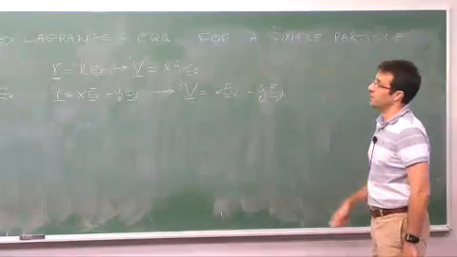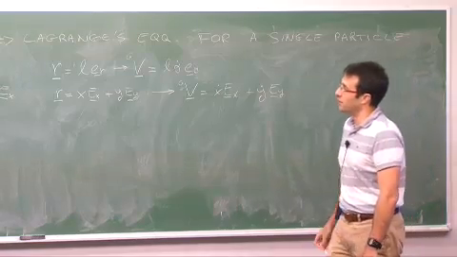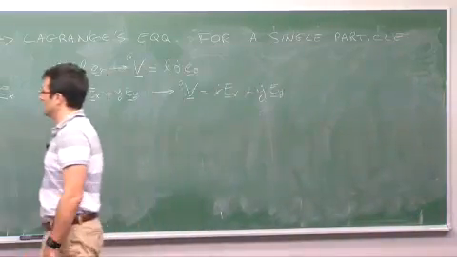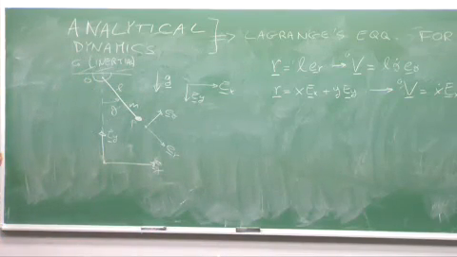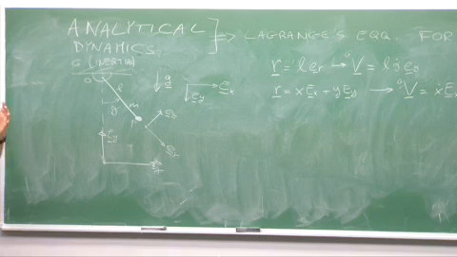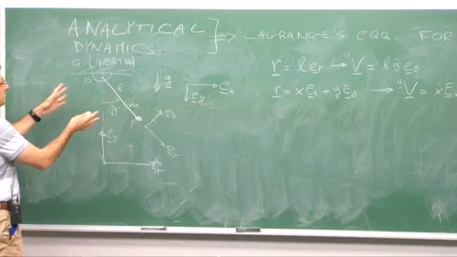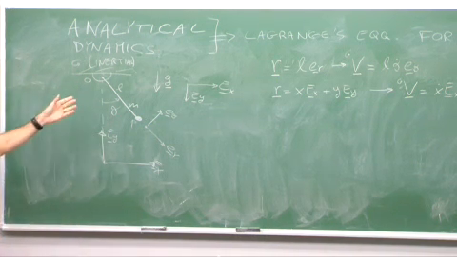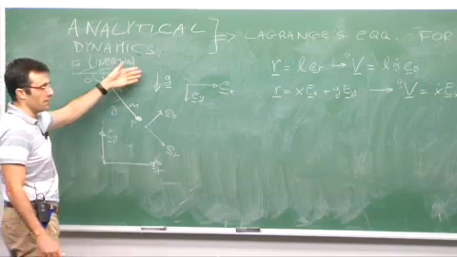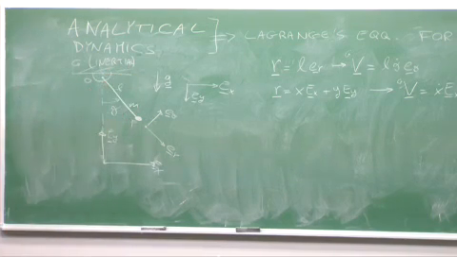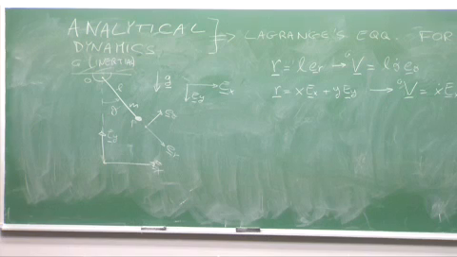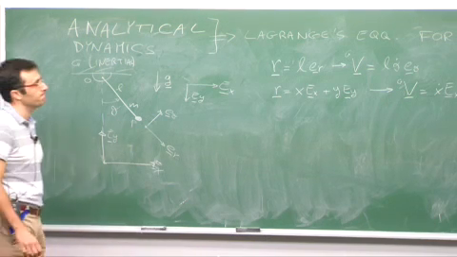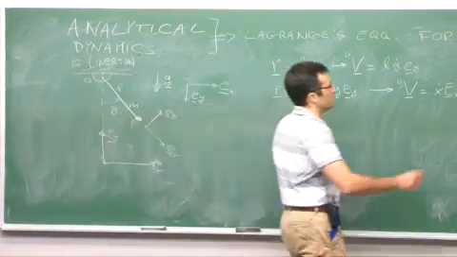This is perfectly fine. I can do that. I can make my life as complicated as I want. There's no one stopping me from doing so. The way you parameterize a problem, it's your issue. Physically, this is the same system. If you choose theta or x, y, gravity is not going to change. The mass of this is not going to change. You're just representing it in a different way. So what is the difference between those two now? Why? I see one variable here, right?